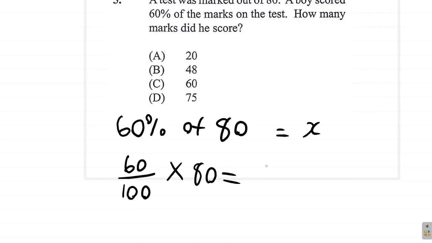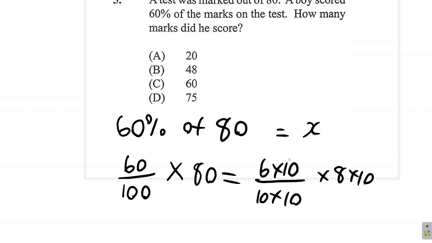Now, let's look at this. We can just divide, but we can also say this is 6 by 10 divided by 10 by 10 times 8 by 10. You see, 10 divided by 10 equals 1. So it's 6 divided by 10.